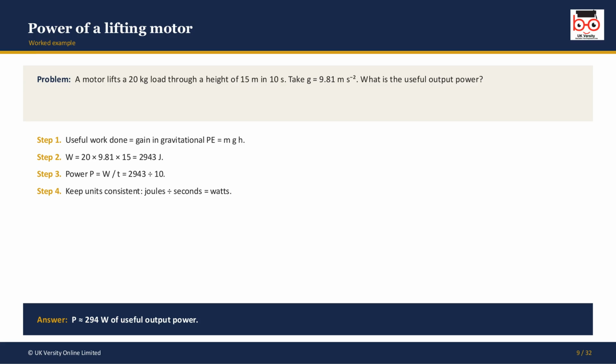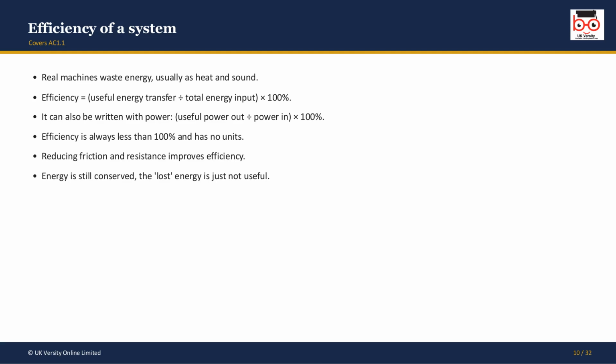Divide that by the 10 seconds, keeping our units as joules over seconds, and we get a useful output power of about 294 watts.